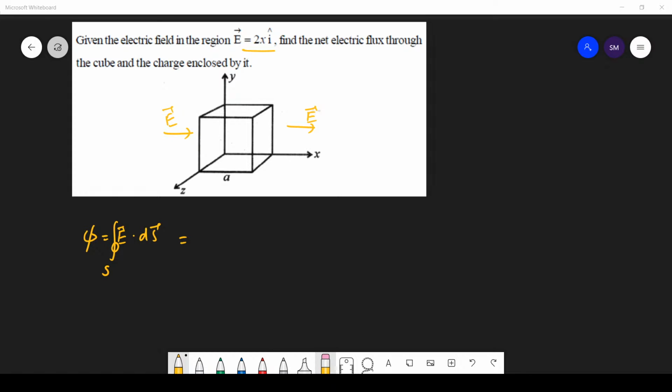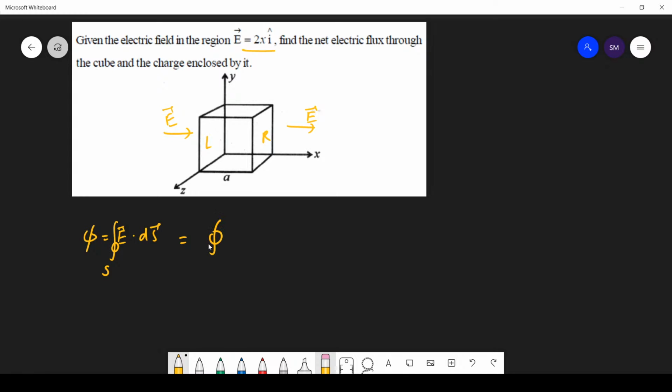Suppose this is the right side face and this is the left side face. For the rest of the faces it is 0.